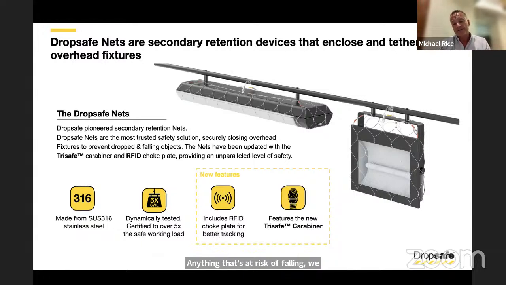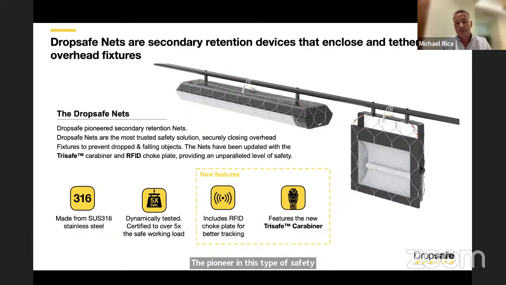We have a net that is designed to encase it and then tie off to the structure. So if the primary attaching points of the fixture were to come loose, then the net is there as a secondary retention device to prevent the item dropping. We have had these products in the market for 15 years. We did innovate and design these, so we were the pioneer in this type of safety solution.